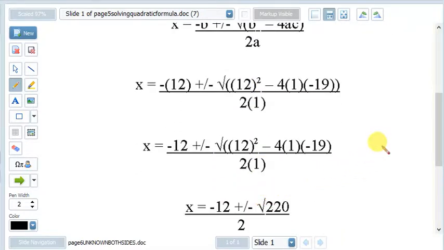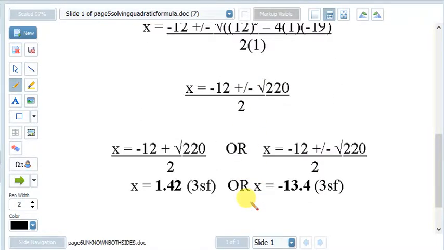So the first thing that we do is we get rid of the brackets here, and because it's a positive 12, the negative in front means negative 1 times positive 12, which is negative 12, plus or minus, and then the square root of 144 minus 4 times 1 times minus 19 is 220. So then it's all simplified to be minus 12 plus or minus the square root of 220 all over 2.